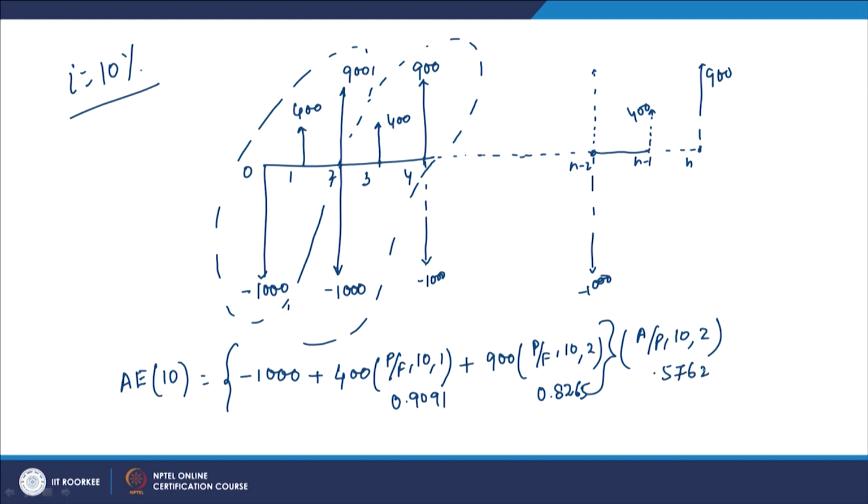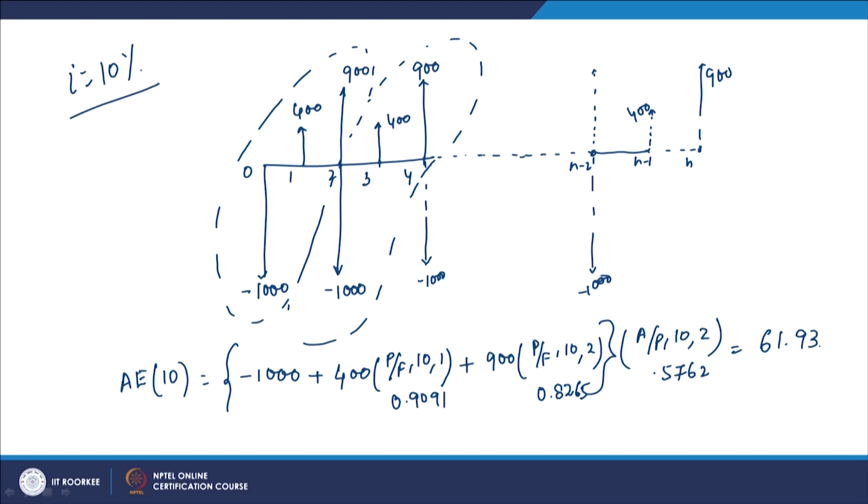You can refer to the 10% interest table and get these values for the different factors, and once you do that, you will get the value as 61.93. So, 61.93 is basically the value of the annual equivalent.